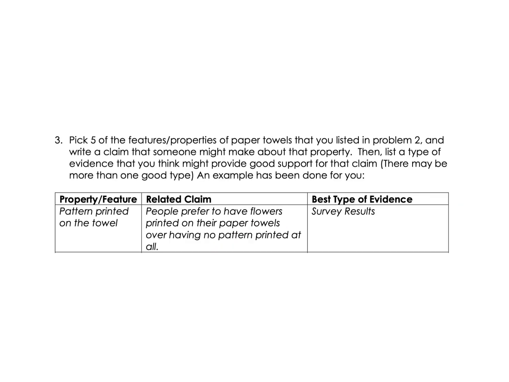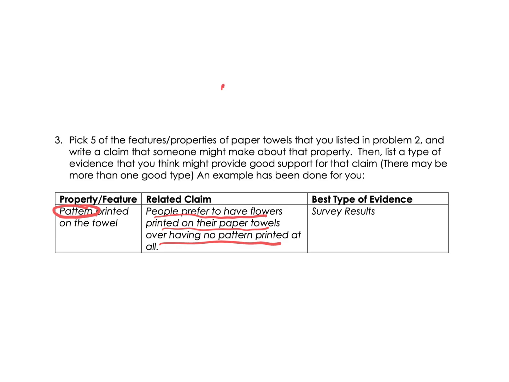So next in the lab, we had people go ahead and pick 5 properties that we listed previously and write a claim that someone might make about that property. Then list a type of evidence that would be good to support that claim. So for example, if the property we picked was pattern, you might do something like: people prefer to have flowers printed on their paper towels over having no pattern at all.